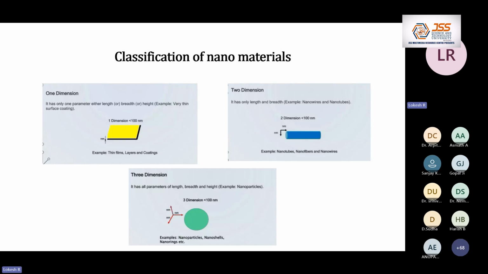It is a 2-dimensional nanomaterial if it has both length and breadth in nanoscale. A 3-dimensional nanomaterial is one which has all 3 dimensions, length, breadth, and height, in nanoscale. An example of a 1-dimension nanomaterial is thin films. For 2-dimension, it is nanotubes, nanofibers, or nanowires. For 3-dimension, the examples are nanoparticles and also nanoshells.